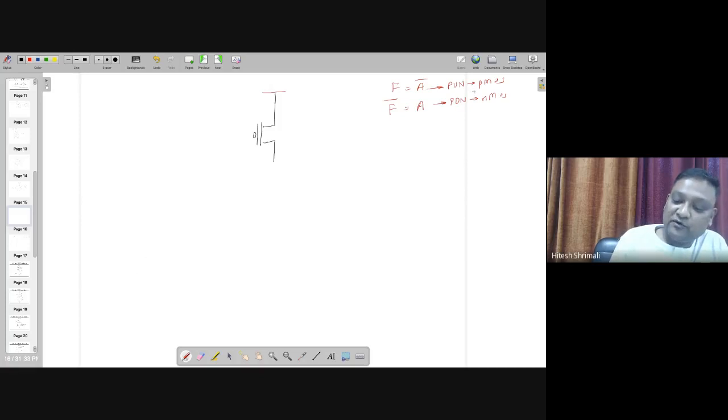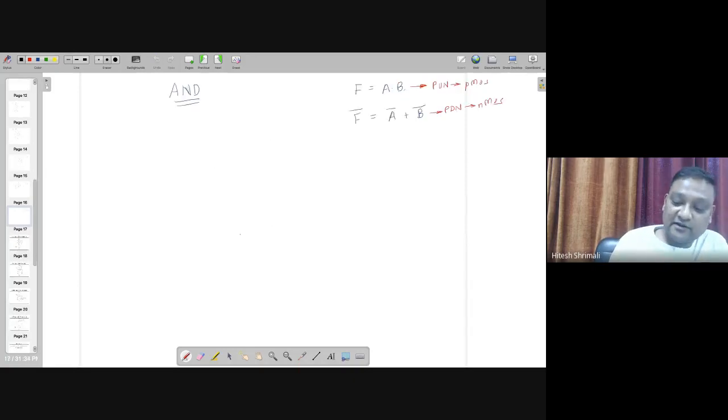So when I'm doing this, I need to give input as A, so that A with bubble becomes A bar, right? And similarly, in the power down network, where there is an NMOS, you have to give input as A, so that A with non-bubble is going to give you A. So this is implementing F, and this is implementing F bar. So both are A, so you can tie them together and you can find out this function, right?